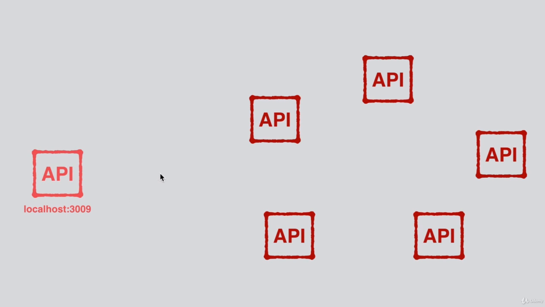The first thing that we are going to do to add this node to our network is we are going to hit the register and broadcast node endpoint on one of our network nodes. Now we can hit this endpoint on any of these nodes, and that will work just fine. But for this example, we're going to hit our register and broadcast node endpoint on this network node.